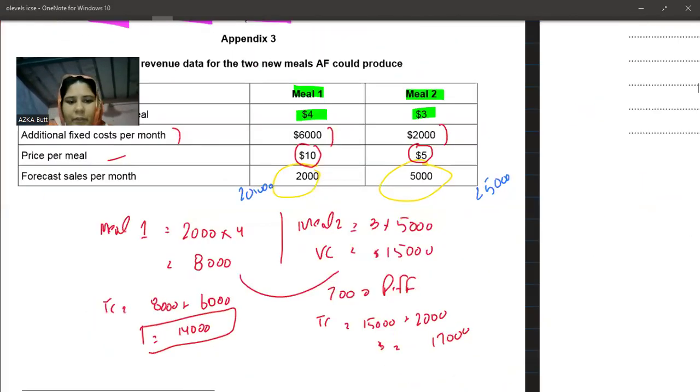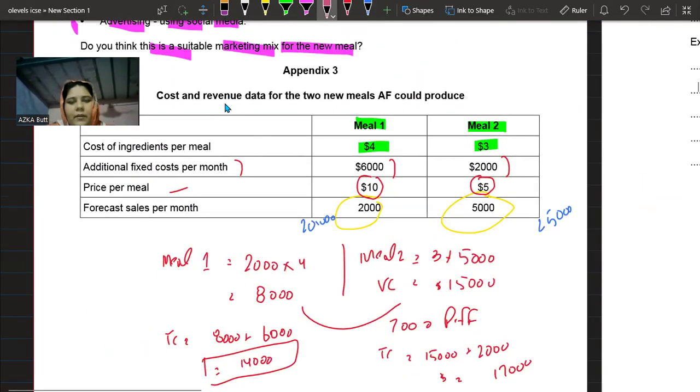So this is the financial information: cost and revenue data for the two new meals AF could produce. For meal one, the cost of the ingredients per meal is $4, and for meal two it is $3. So there is a $1 difference. We can go with the cost also.